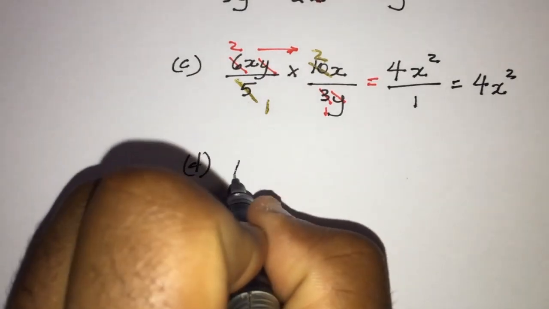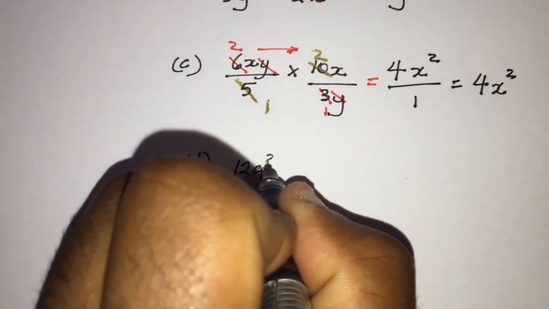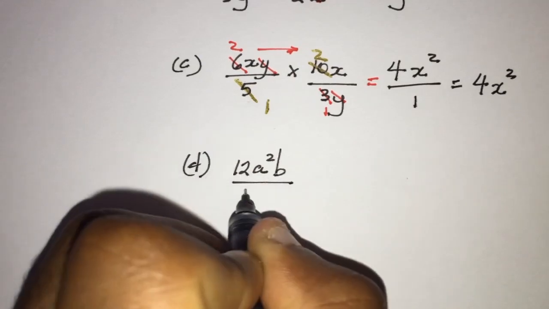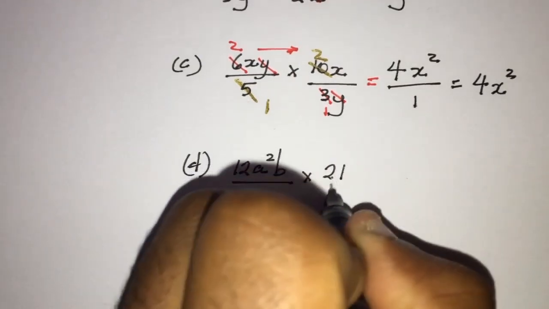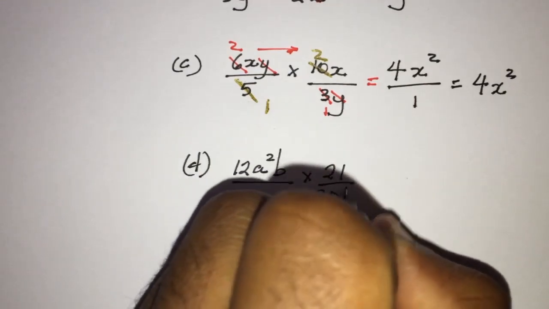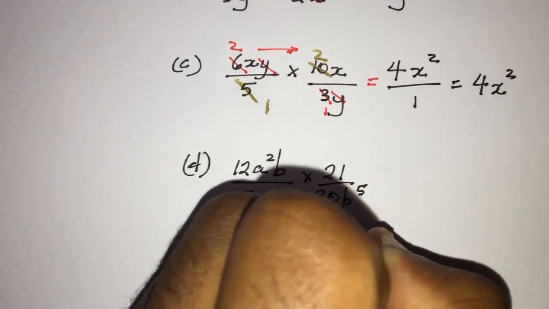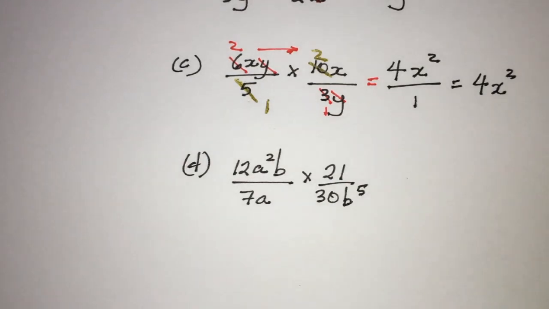Let's look at one last example. We're going to work with 12a squared b all over 7a multiplied by 21 over 30b to the 5th power. Let's look for what is common.